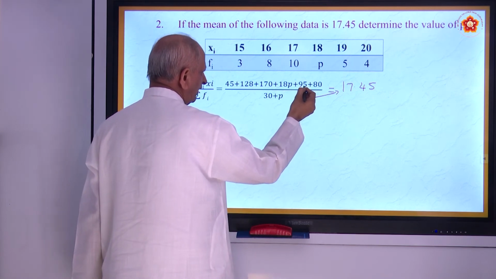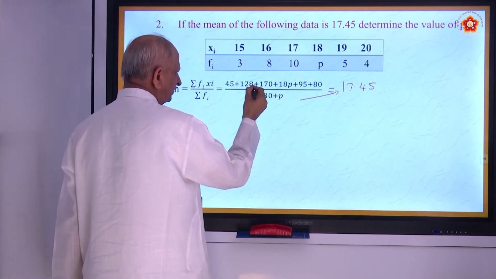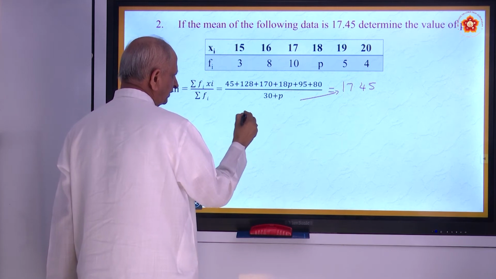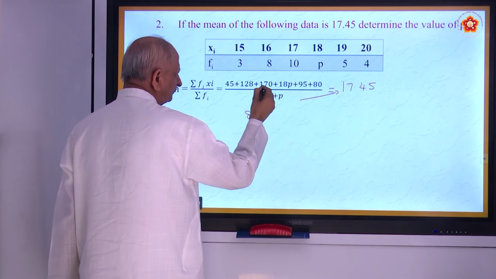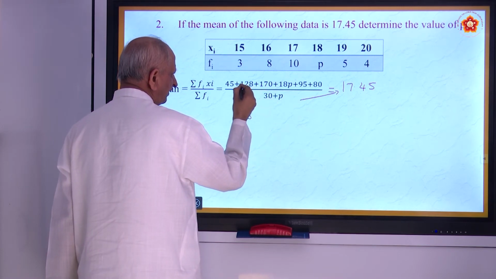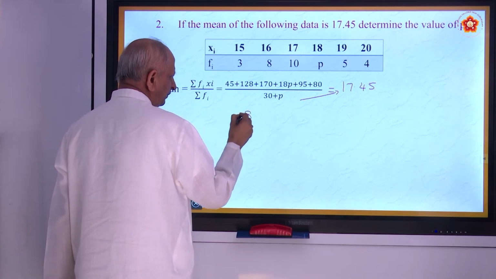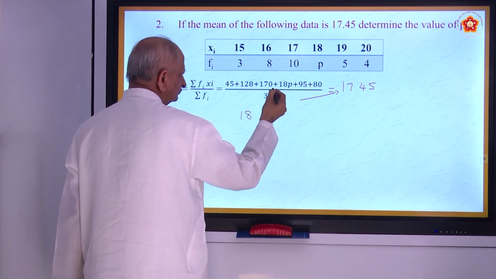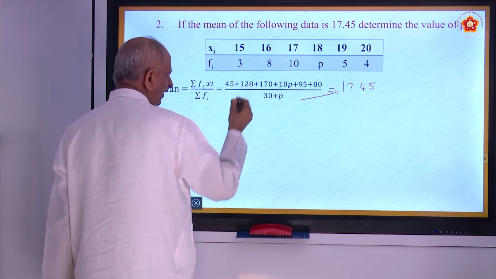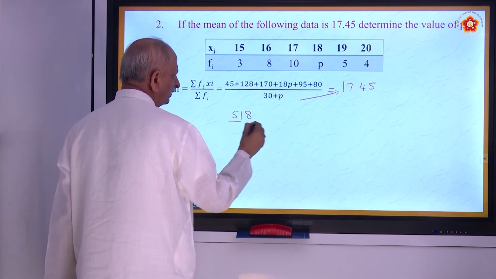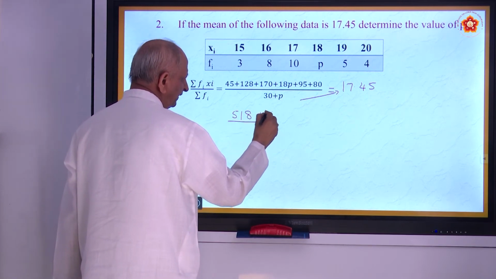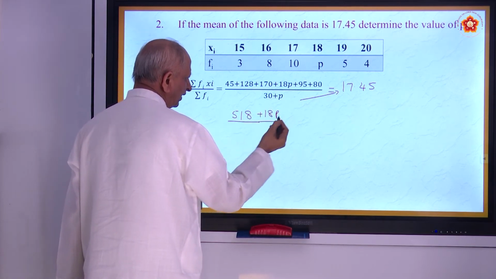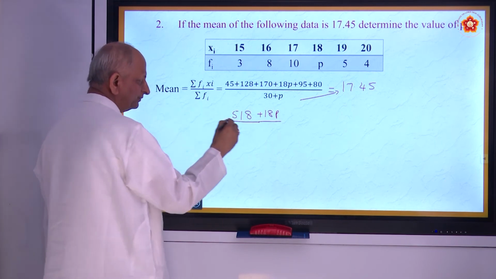Suppose you add 5 plus 8, 13, 18, 25, 27, 31, 518, divided by 30 plus P. Plus 18p is there, that we have not added because they are unlike terms.